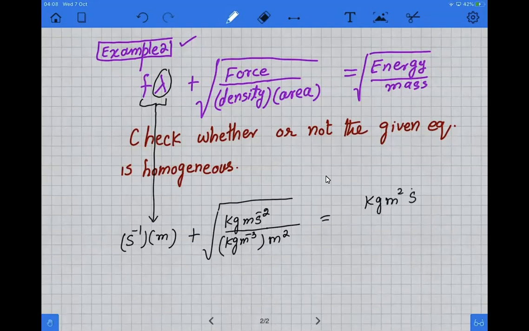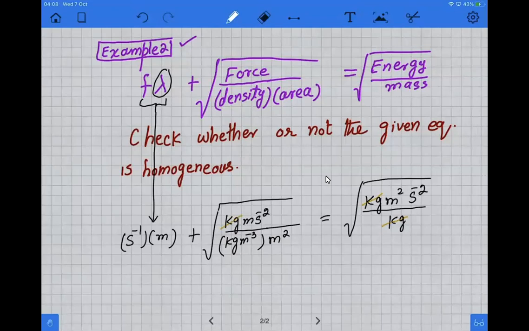On the right hand side, we have unit of energy is kilogram meter square second minus 2 and unit of mass is kilogram and the under root of this. So basically kilogram is cancelled out with kilogram.